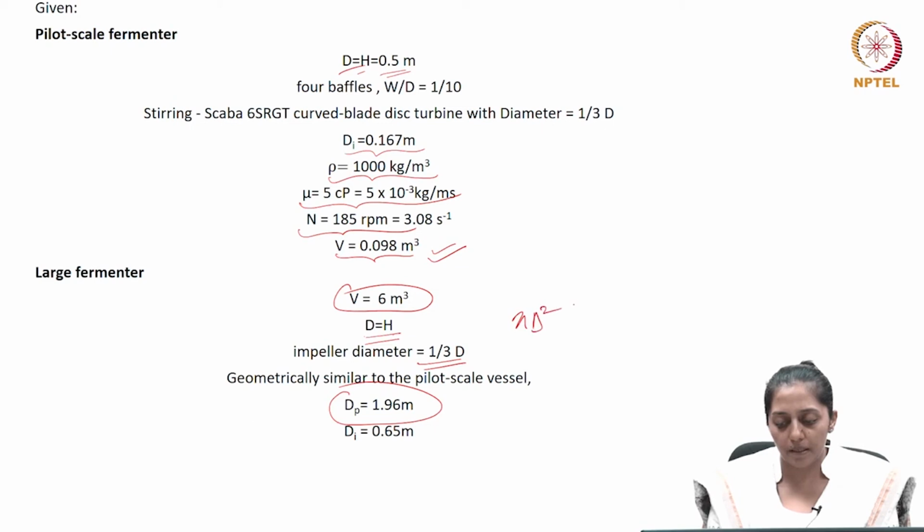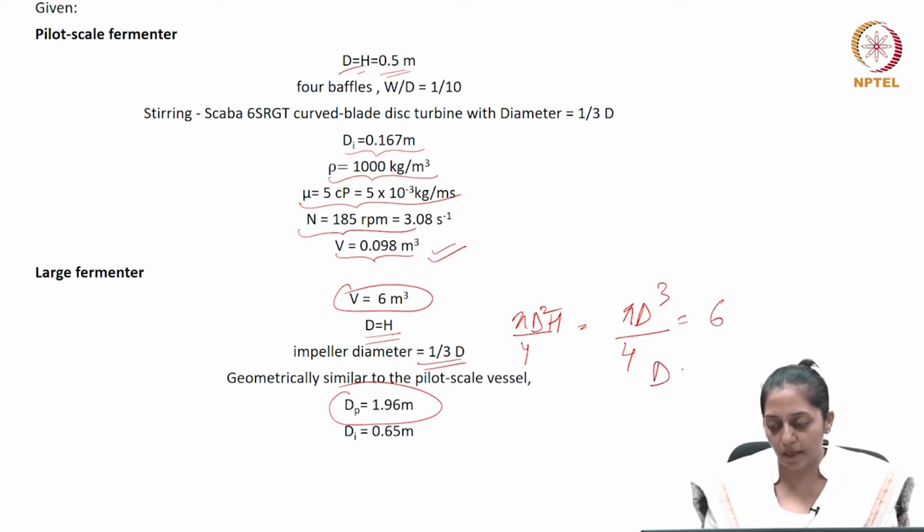So, pi d square by 4 into h, with d and h equal, this becomes d cube equal to 6. So, we can calculate the value of d and find its cube root.